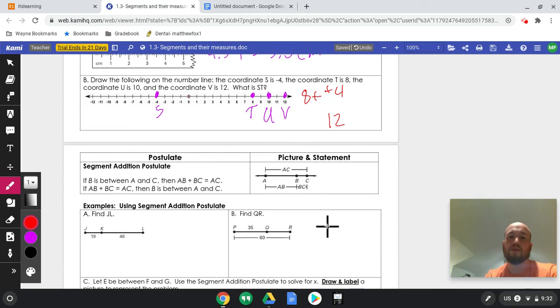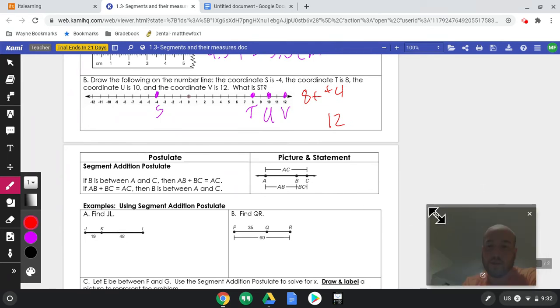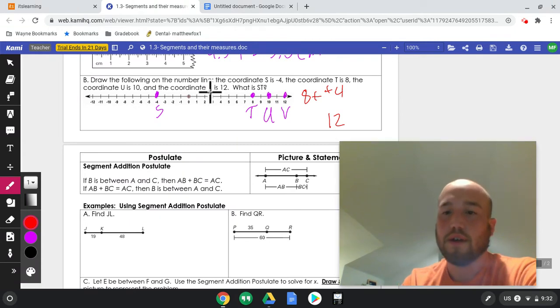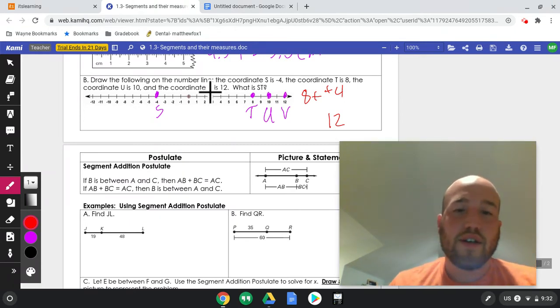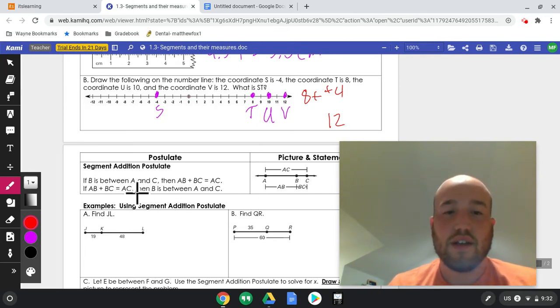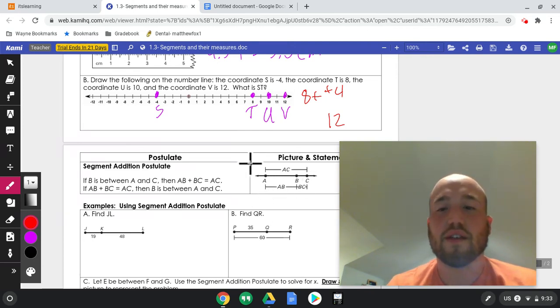Okay, the next thing I want to talk about, and for this, I'm going to try to make this bigger here. Okay, so as you guys take a look at me, the segment addition postulate is saying if we have a segment broken into multiple parts, the 2 smaller parts will add together to give us the length of the big part.